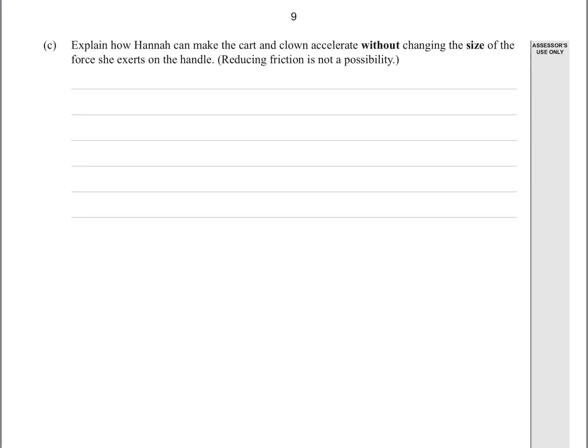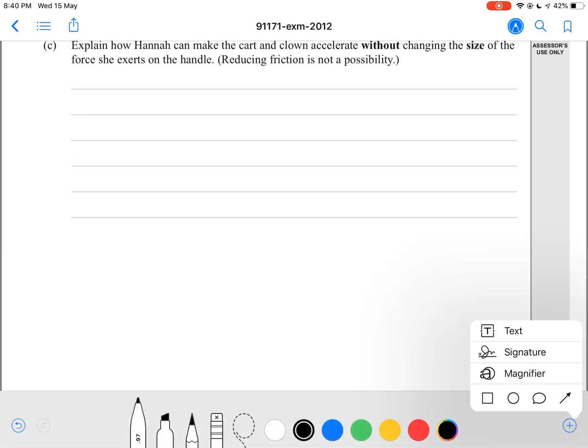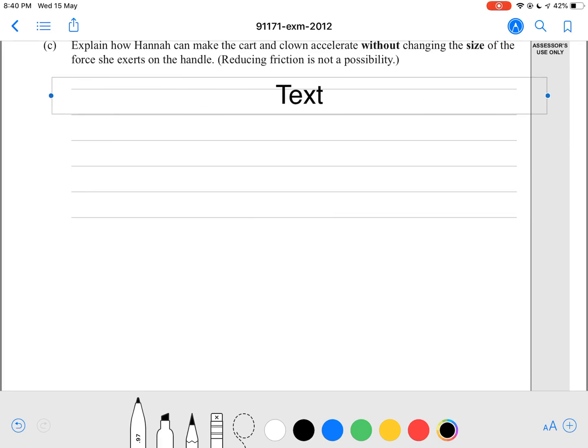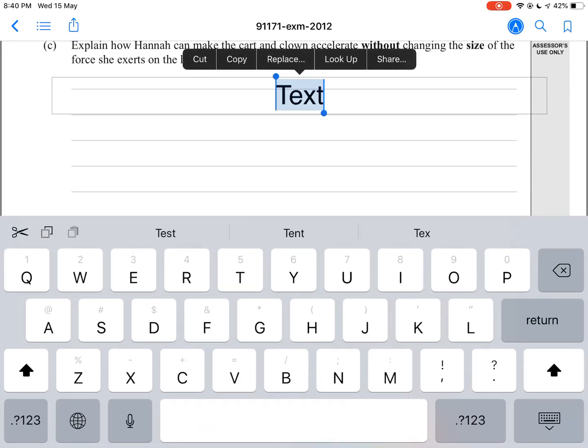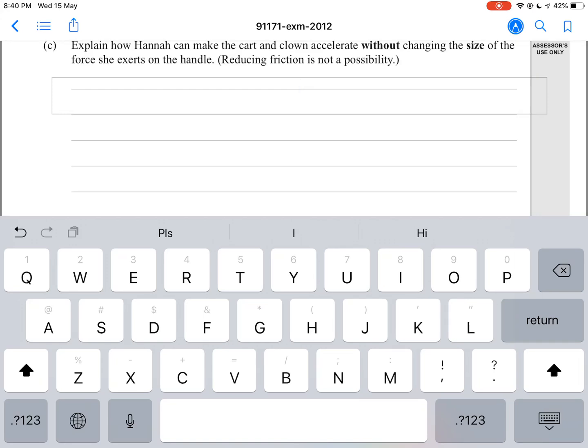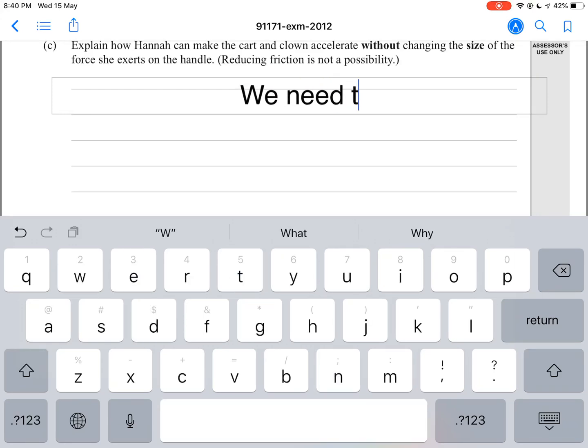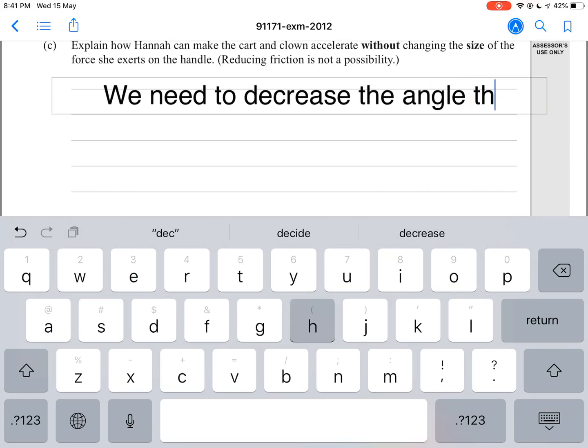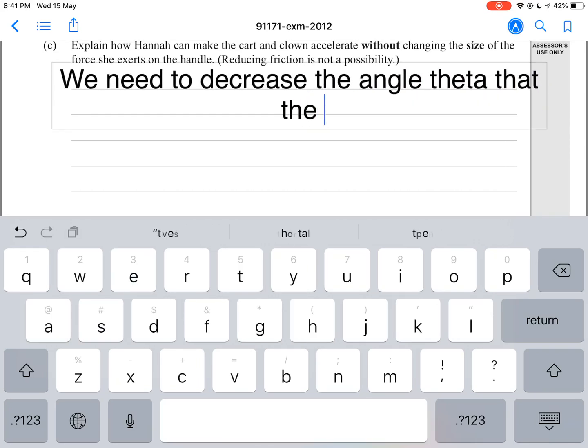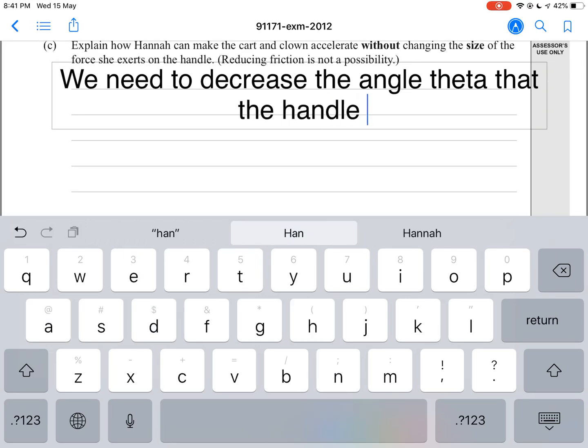Okay. So basically, if we decrease the angle theta, so first we have to mention we need to decrease the angle theta that the, let's just say, the handle makes with the floor.